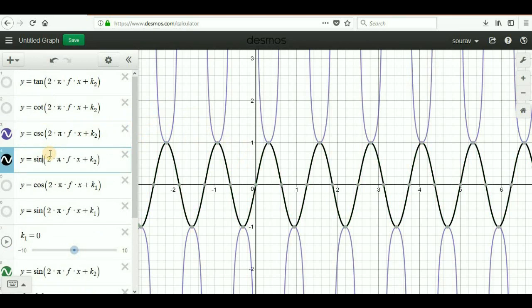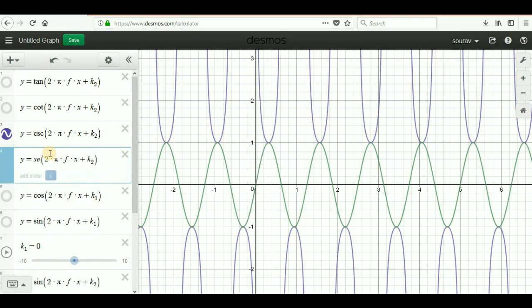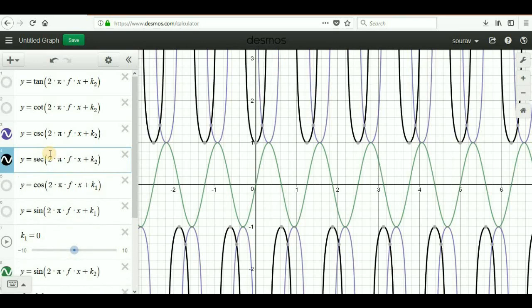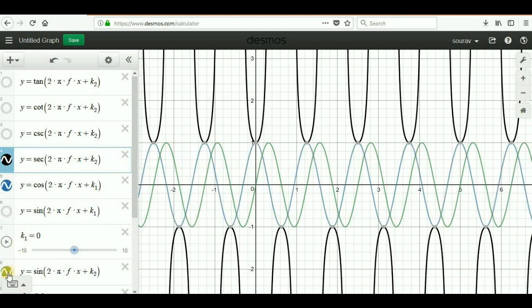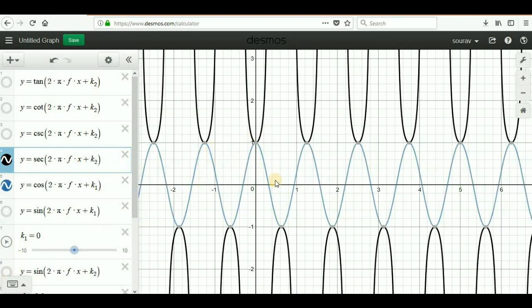And we have sec. Now, as you can see, sec doesn't correspond to sine. And what does it correspond to? Obviously cos. As you can see, it perfectly matches with cos. So cos and sec can be used mathematically in equations. Means they form a simple equation between the relations.